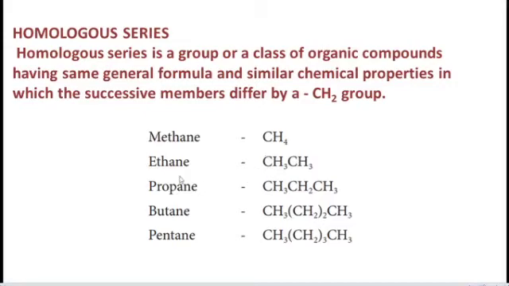Likewise, the second to third compound: the second is ethane, the third one is propane. They differ by only a CH2 group. Likewise, the third to fourth compound, propane to butane, also differ by only a CH2 group. Fourth to fifth also only differ by a CH2 group.